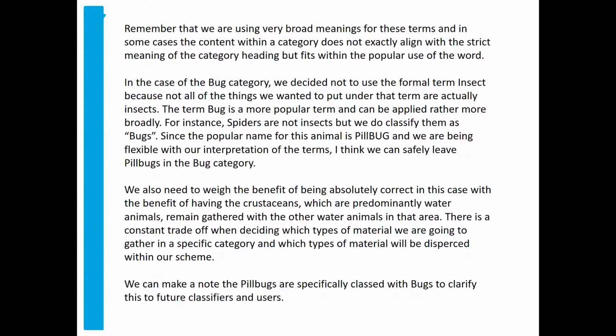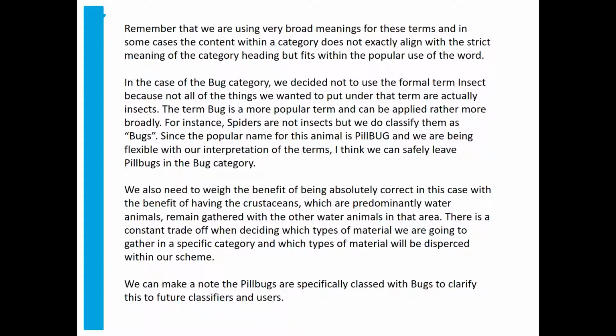So to put pill bugs or roly-polies in their designated scientific classification, they would have been lost among all of the water-dwelling animals, drowned among a group of animals to which they were technically related, but not easily findable.